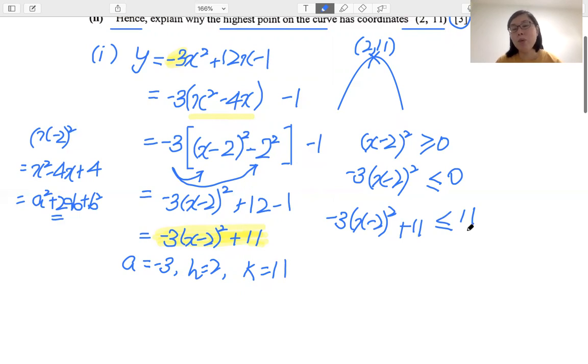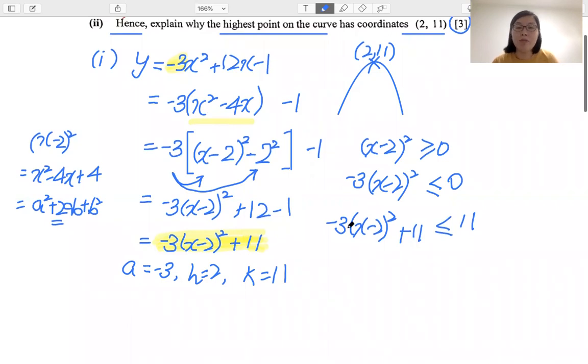And that is how we know that, look, that is the maximum value of the quadratic graph, which is 11. So therefore, we conclude that, okay, the maximum value of y is 11. Maximum y is 11.